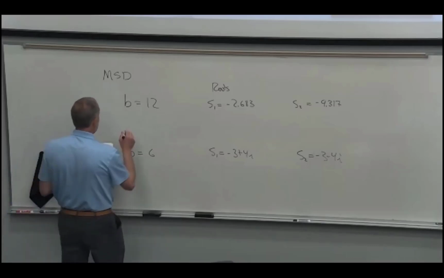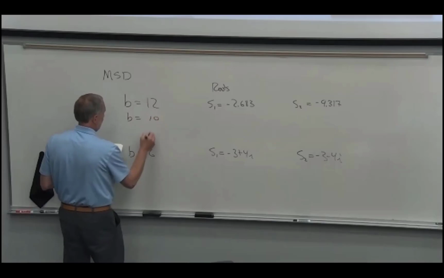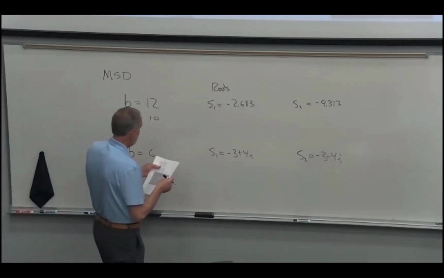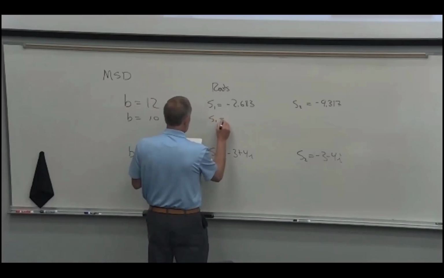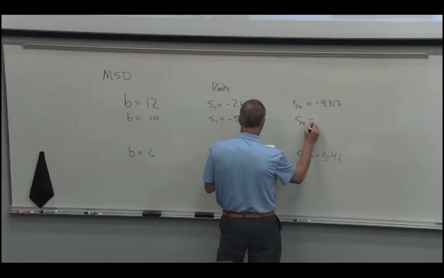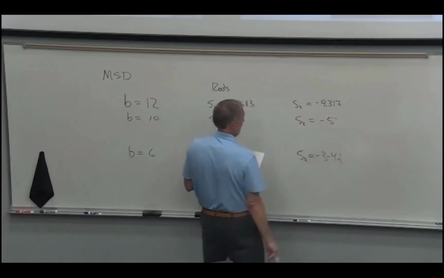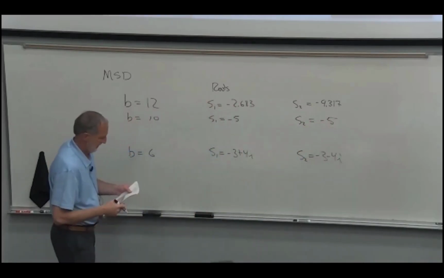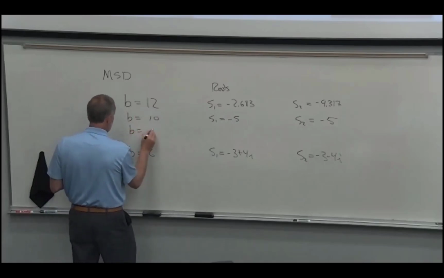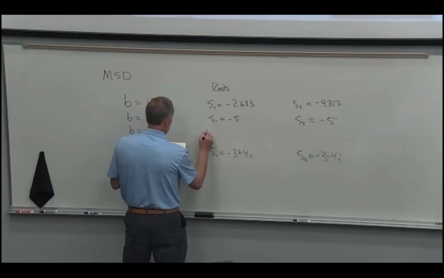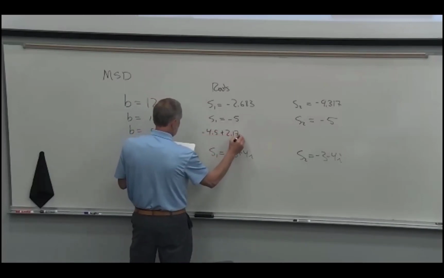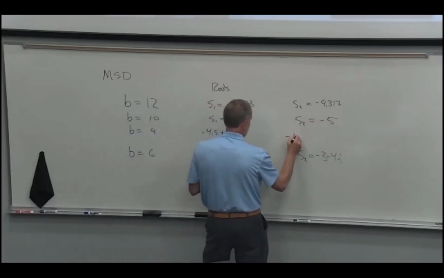How about when B is 10? So we could do that. Plug in 10 in that polynomial, find the roots, and we get those real roots. And then we plug in B equals 9 and get minus 4.5 plus 2.17 i.